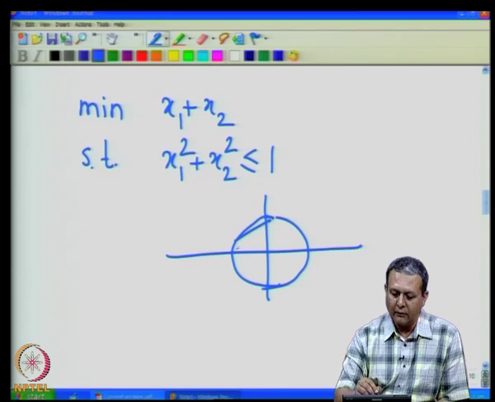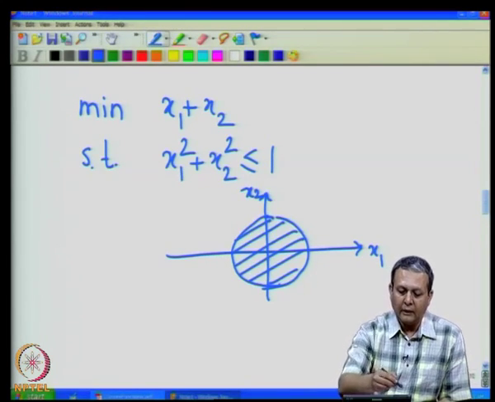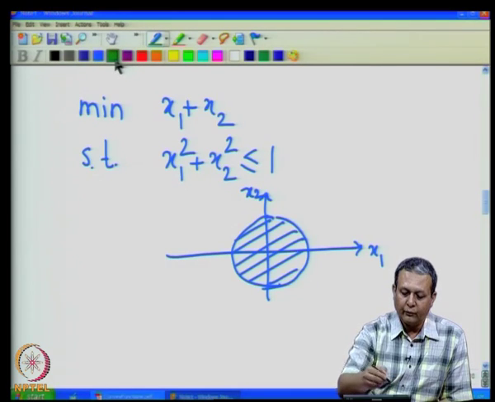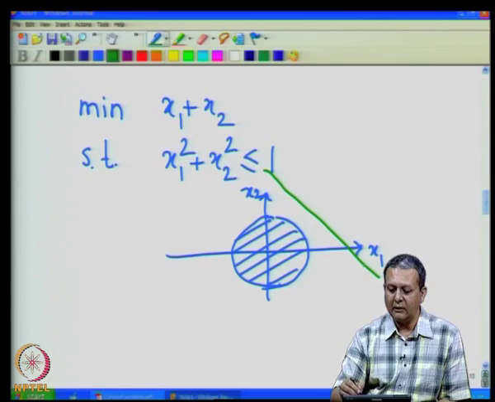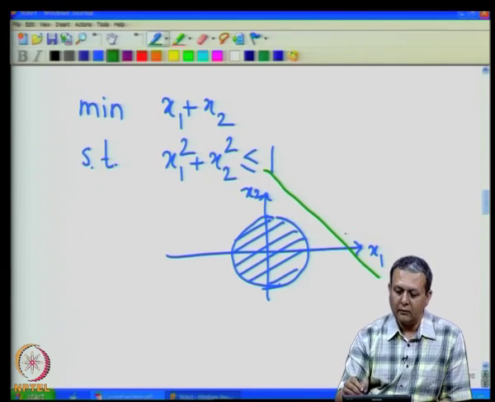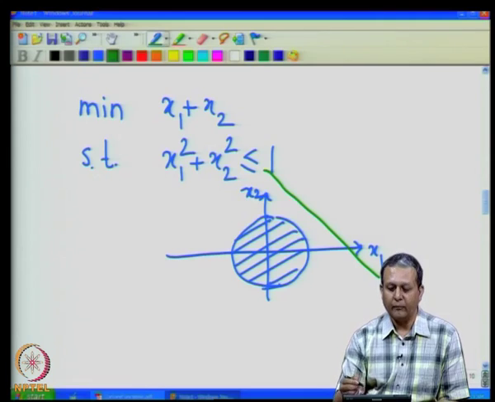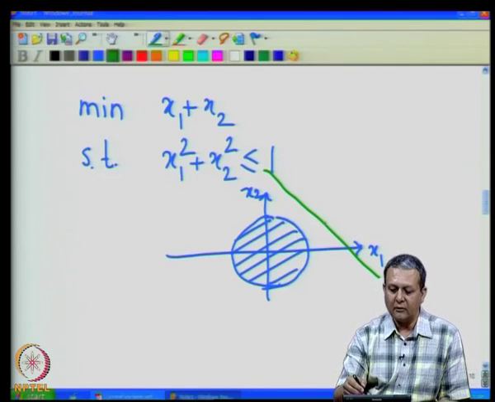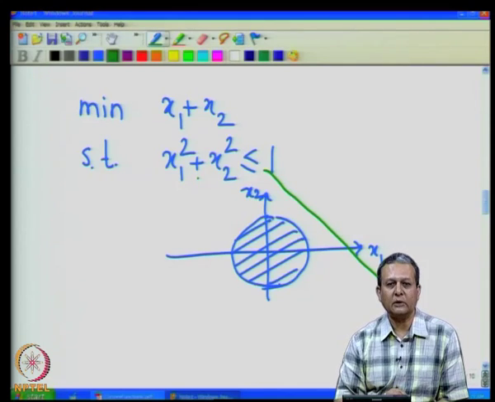This is going to be our constraint set, where x1 is this coordinate and x2 is this coordinate, and x1 plus x2 equal to a constant is a line in this 2-dimensional space. We are trying to minimize the value of the objective function x1 plus x2 subject to the constraint x1 square plus x2 square less than or equal to 1.